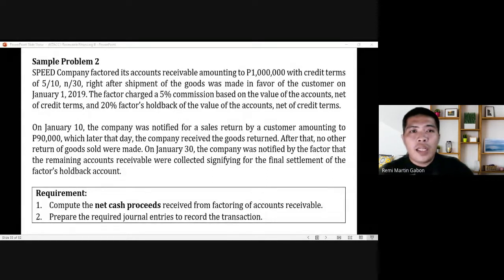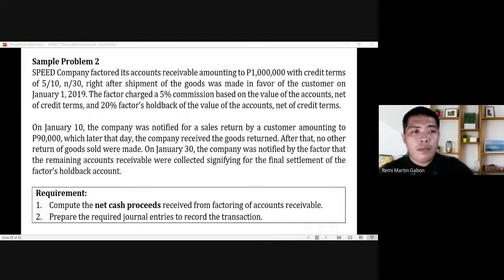So after considering 5% on the 1 million. The same with factors holdback. The factor sets a 20% factors holdback of the value of the accounts net of credit terms.